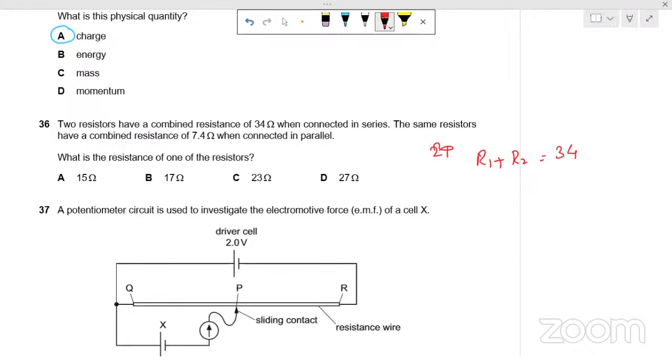The same resistors have a combined resistance of 7.4 when connected in parallel, so product over sum is equal to 7.4. Solve these two simultaneous equations to get the values of R1 and R2. You can do that. The answer would be C.